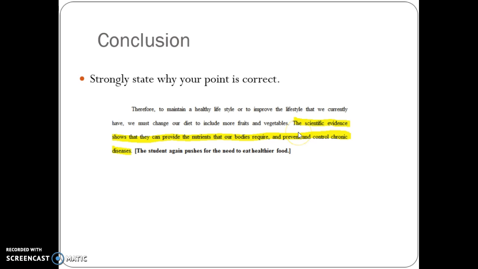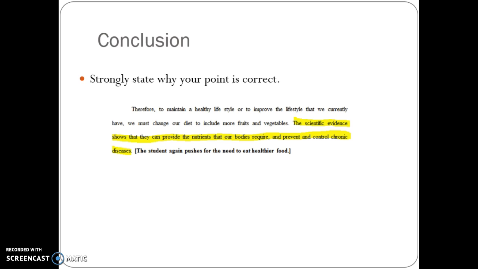They say, "the scientific evidence shows that they can provide the nutrients that our bodies require, and prevent and control chronic diseases." So here the author gives one final push for his point of view.